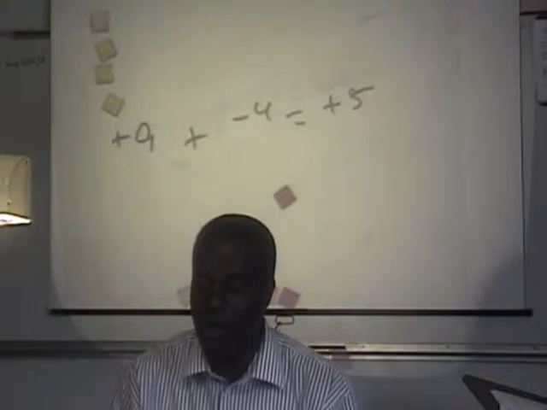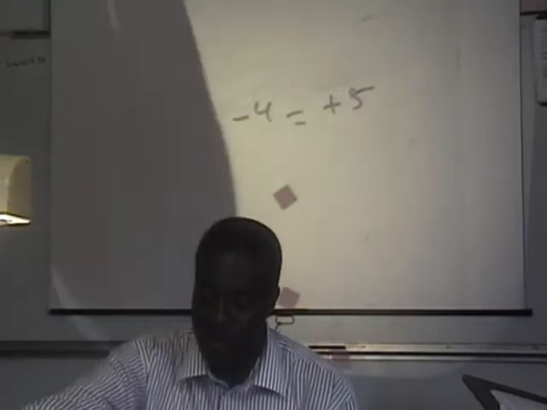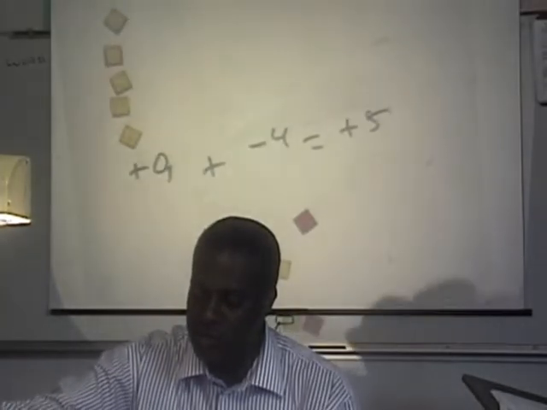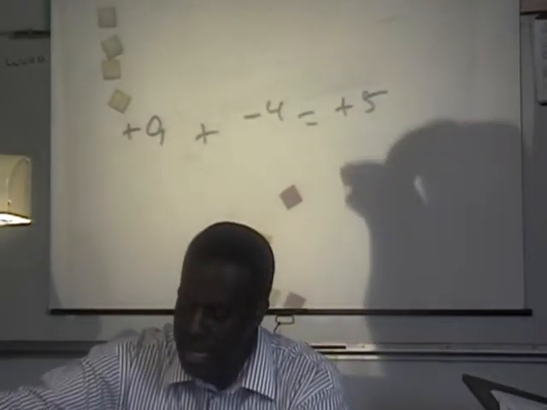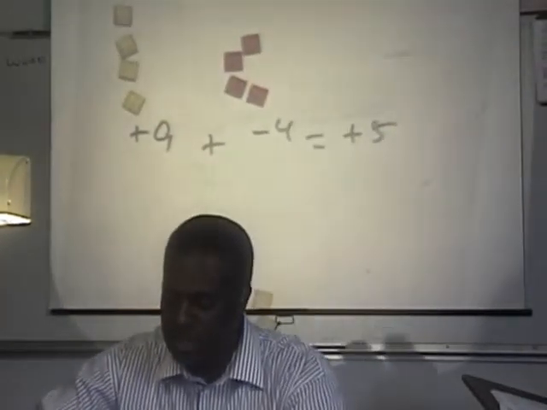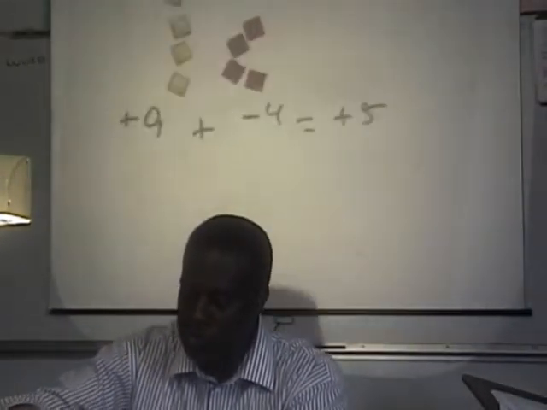Now, what happens if we have more negatives than positives? Let's try that one, okay? Let's put down 5 positive. Let's take these off so that you don't get confused.